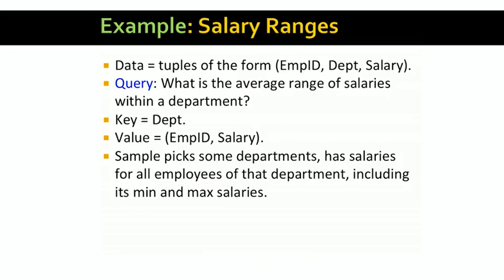When we compute the average of the ranges, we might be off a little because we're sampling the ranges for some departments rather than averaging the ranges for all departments. But that error is just random noise introduced by the sampling process, not a bias in one direction or another.